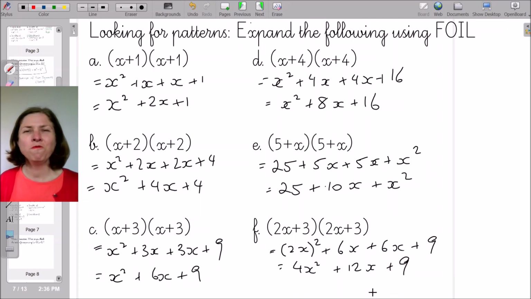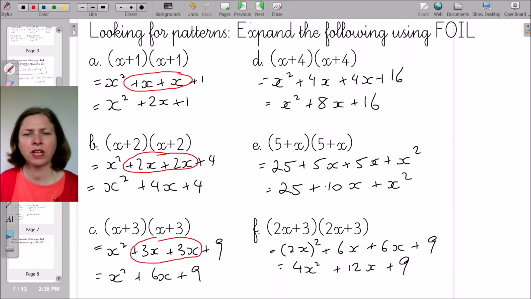Okay, so hopefully you spotted a pattern, and the pattern can be seen quite clearly even in the second line of your working, that we always double up these middle terms. We go plus 2x, or plus 3x, or plus 6x. And this term comes from the x times the 3, or in this one it comes from the 2x times the 3.